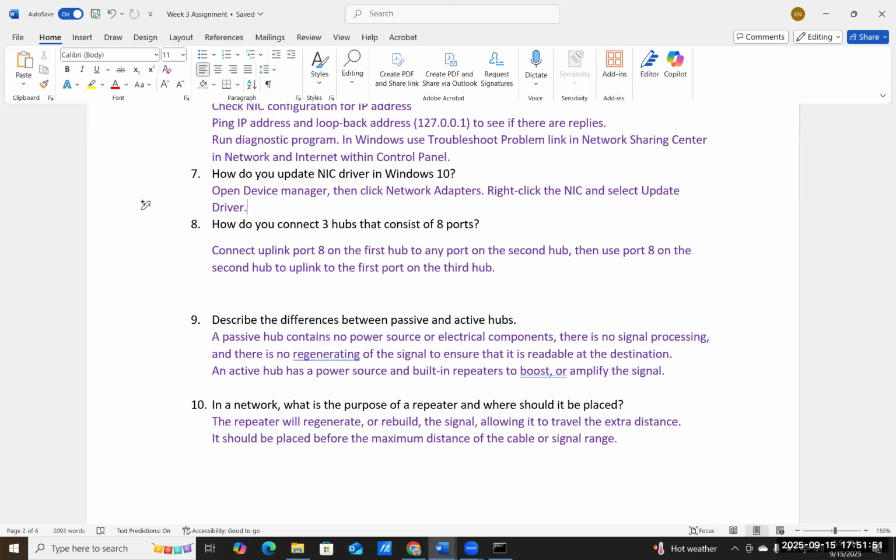So if you're looking at 100 meters as the maximum distance, we want to go 90 or 80 for the placement, to save yourself a little bit. And you want to overlap so that there's no gap in your signal, okay? A good network engineer is one that understands how to scale without degradation, okay?